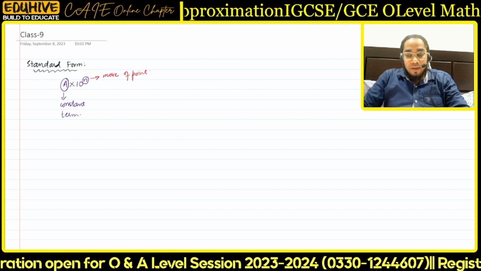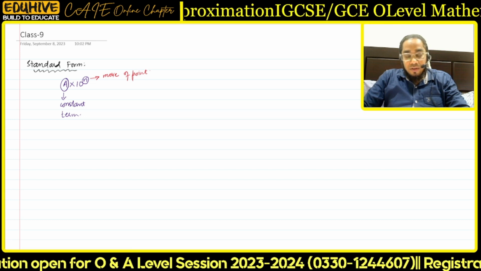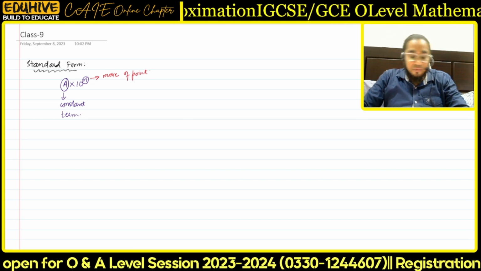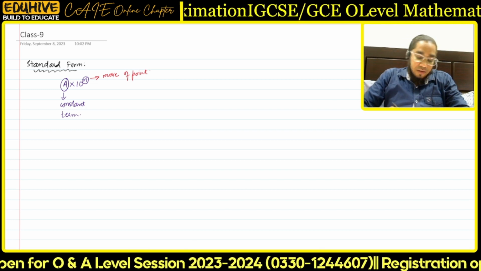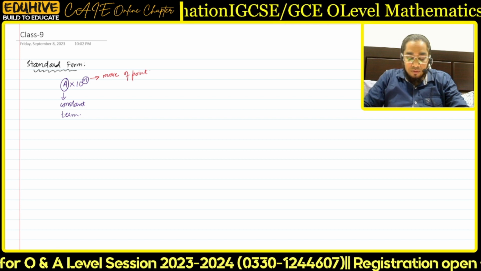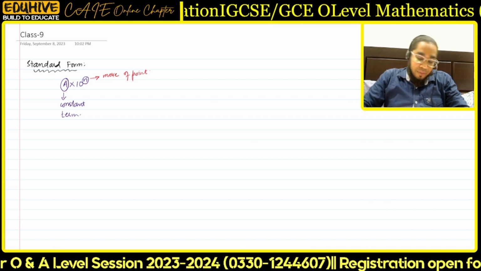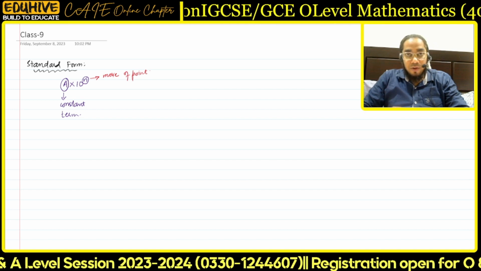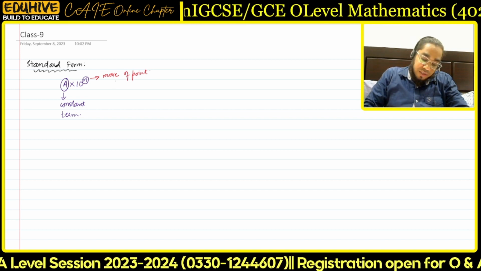So it depends on the situation, whenever it is going to be positive and whenever it is going to be negative. But you have to keep your key points in mind, that the point can move forward and the point can move backward also. So there are two states for moving a point.